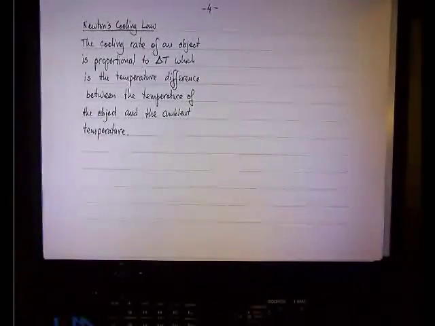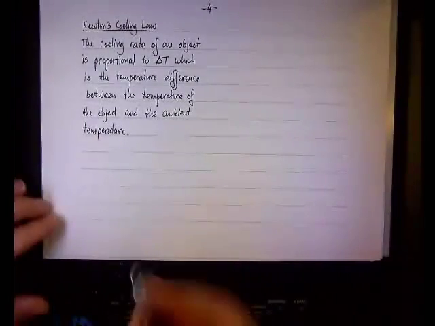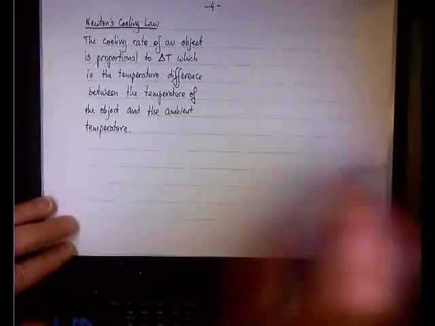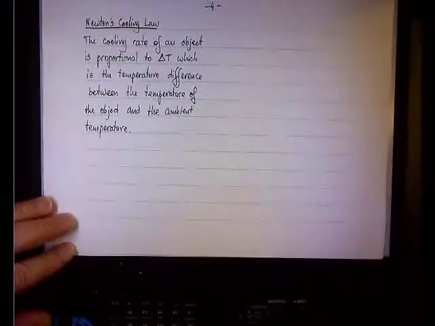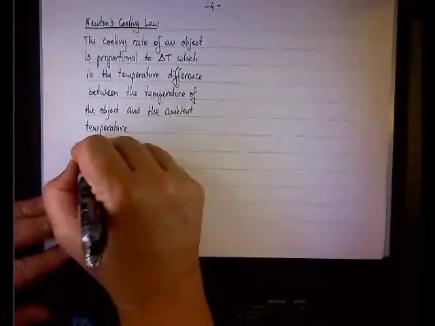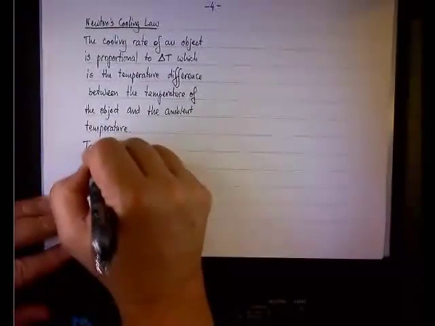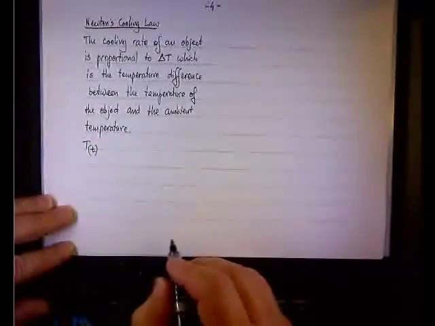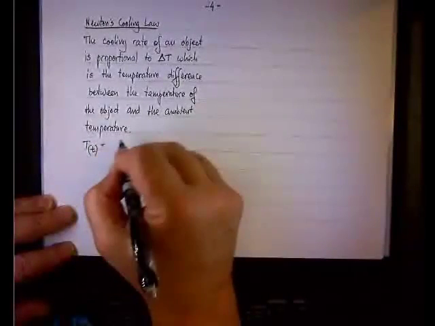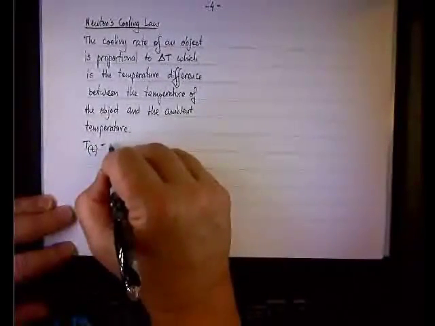All right, so let's define the following components that will play a role in deriving this law. T of t will be the temperature of the cooling object.